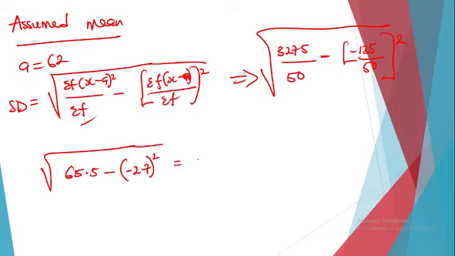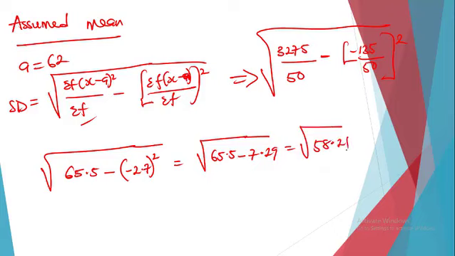This leads us to 65.5 minus 2.7 squared, which is 7.29, and 65.5 minus 7.29 will give us the square root of 58.21.